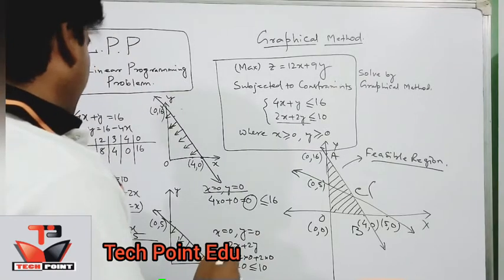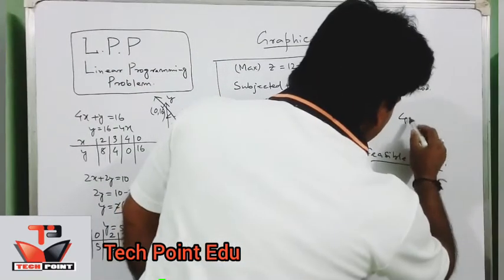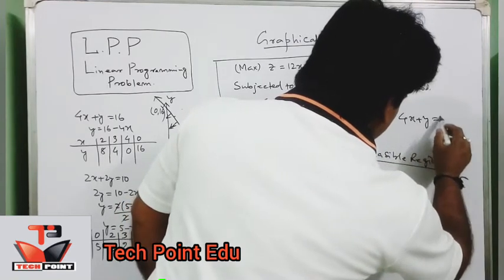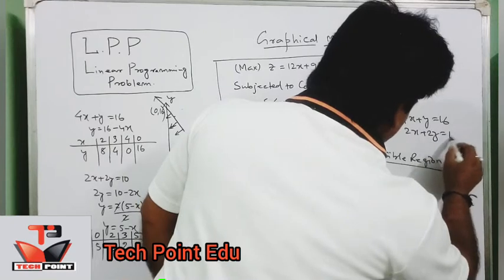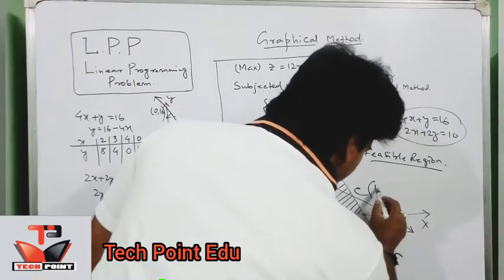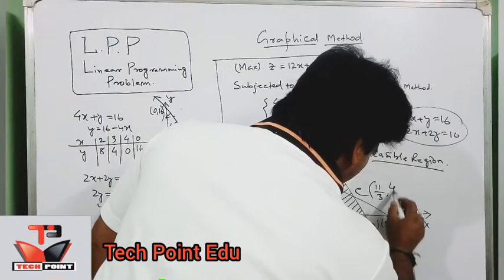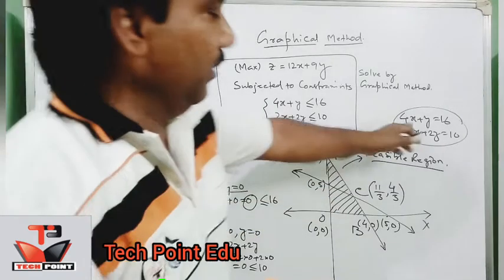To find C, you solve those two equations. That means 4x plus y is equal to 16 and 2x plus 2y is equal to 10. Solve them. You will get the point, that is 11 by 3 and 4 by 3. That point will come after solving these two equations.